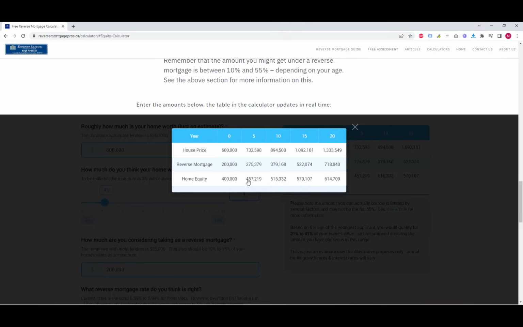The home equity is actually going up, even over a 20-year period, even with compounding interest, because the house price is going to increase more than the reverse mortgage interest they're paying. You're going to see that's fairly common. I'll try and give you an example where this doesn't happen, but 99% of reverse mortgage holders have equity remaining in their home. And this is why: the house price growth offsets the reverse mortgage interest growth.